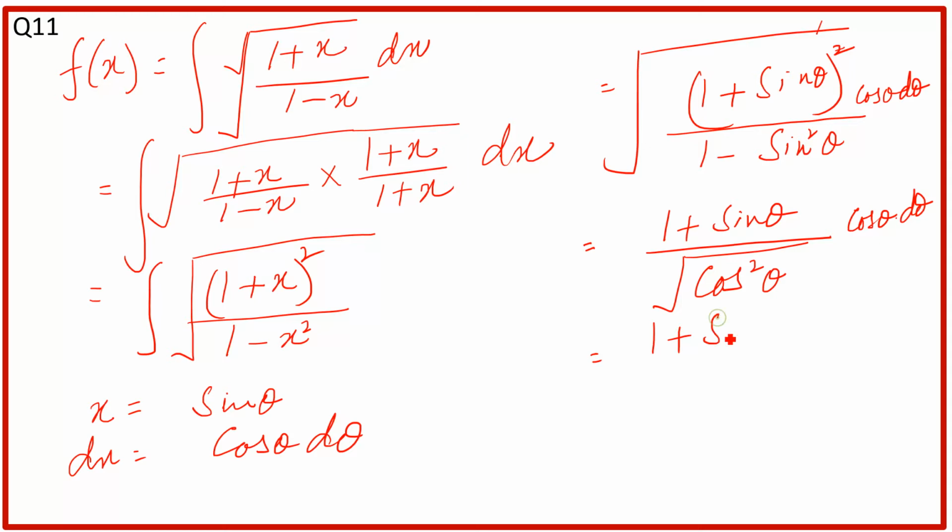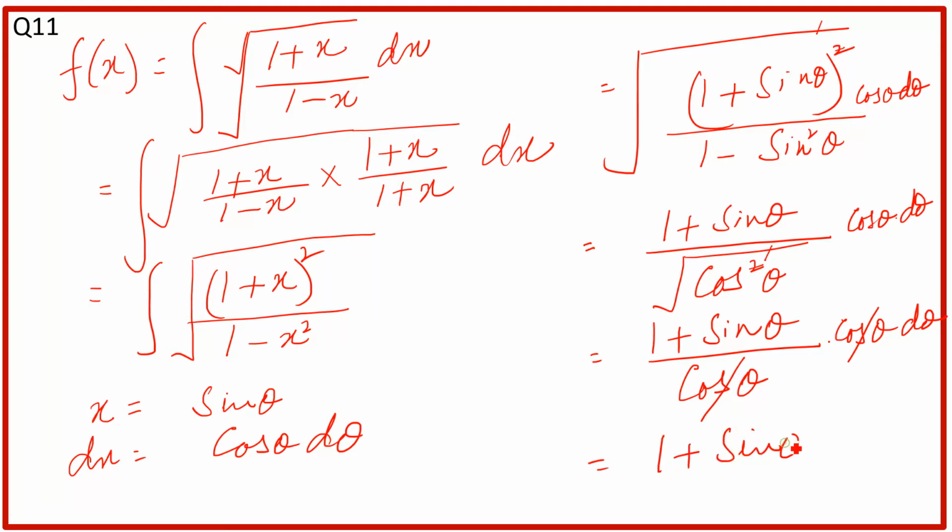So in the next step, 1 plus sine theta will remain the same. This square will cancel this under root. So in the denominator, we have only cos theta left, multiplied by cos theta d theta. And this cos theta will cancel this. Only 1 plus sine theta d theta is left.